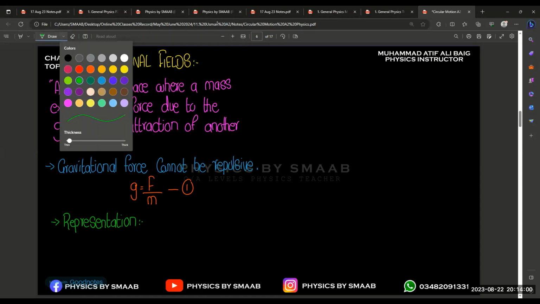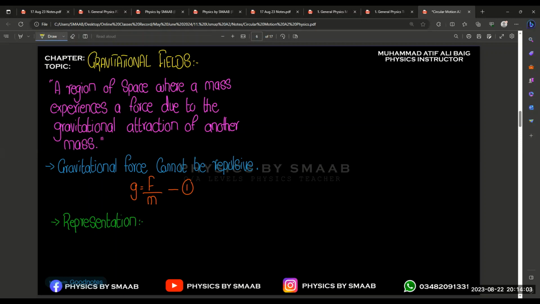So the very first point related to the gravitational field is that gravitational field lines around a point are radially inward.